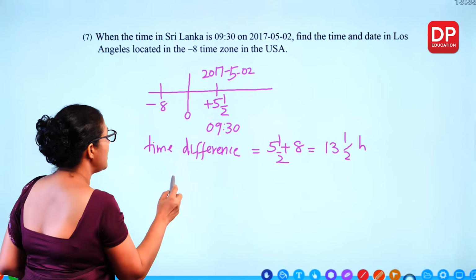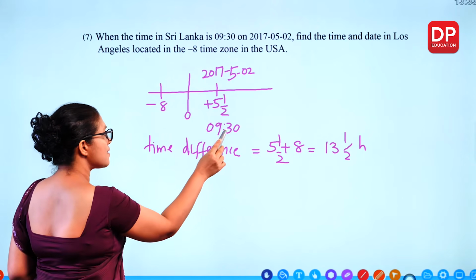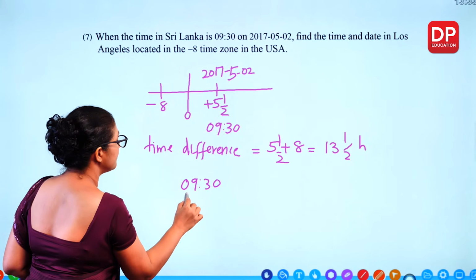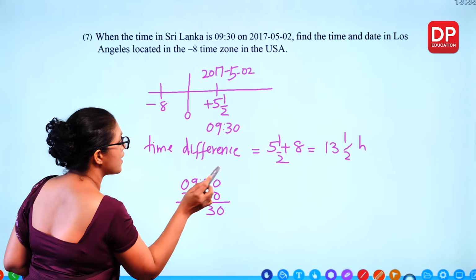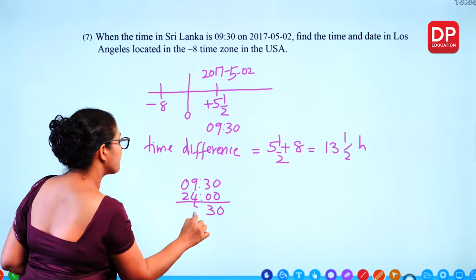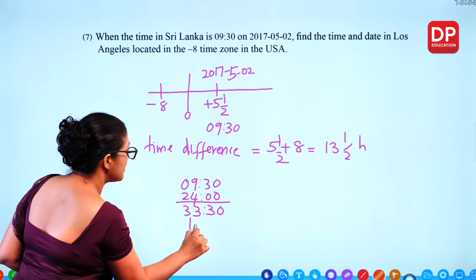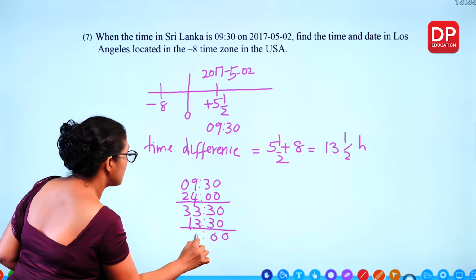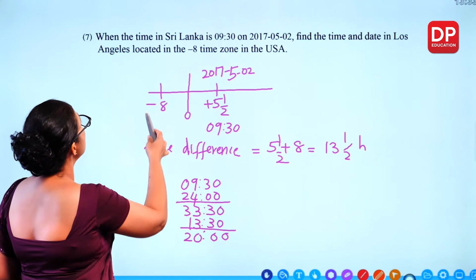So 9:30, how can we write in standard form? This is 9:30. We'll add 24 to that, because you can't subtract 13 and a half from 9:30. So when you add it, 33:30, now you can subtract 13 and a half, means 13:30. You get 20 hours. So what's the time here?